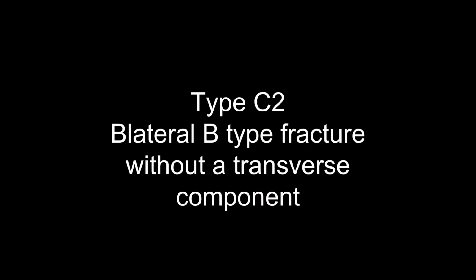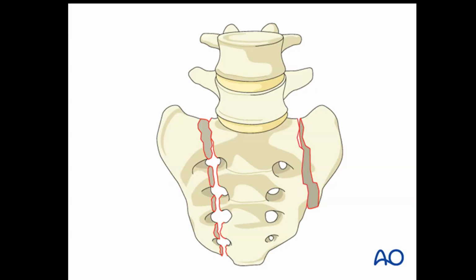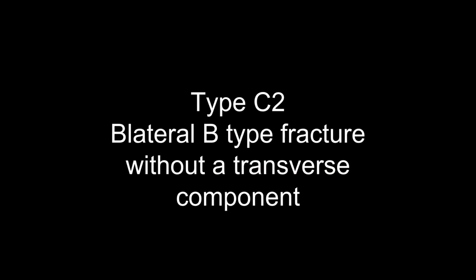C2, bilateral B-type fracture without a transverse component. We said about the B, we have a vertical component. So what if we have two vertical components, 1B and 1B? In this case, it is considered a C, a C2.